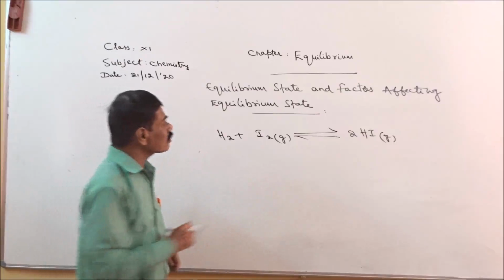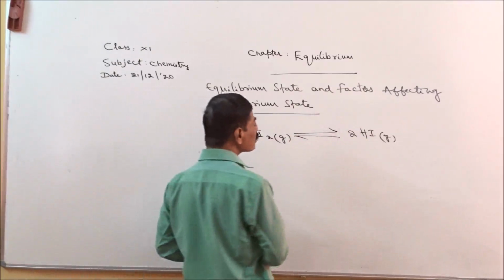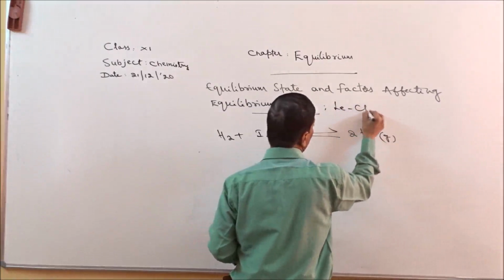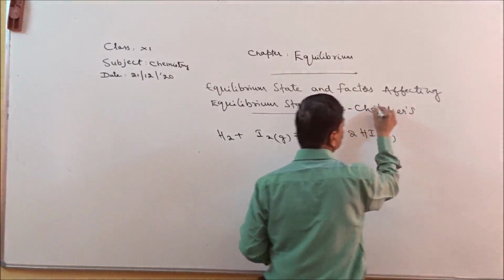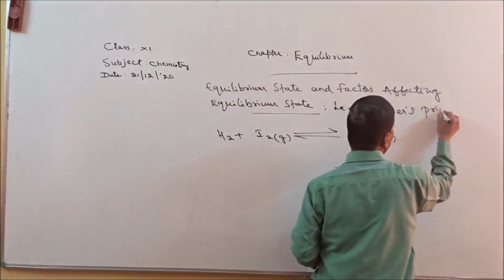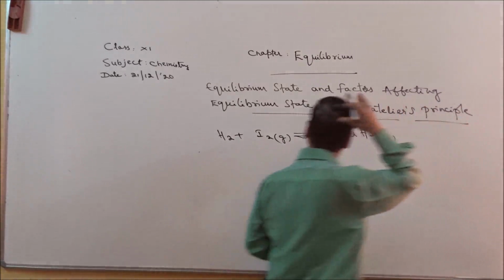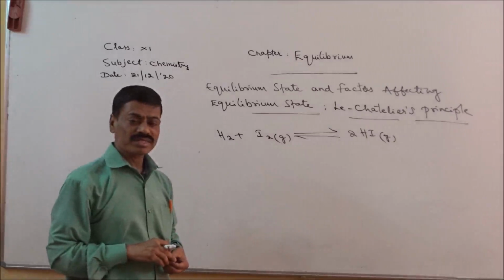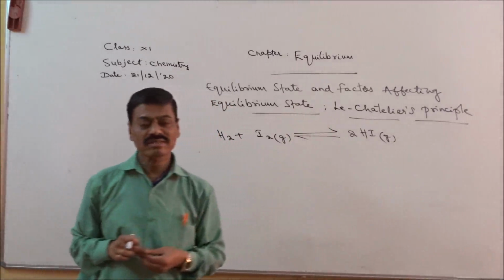So in this case we are going to see the principle, that is Le-Chatelier's principle. This is part of the factors which are going to affect the equilibrium state. To understand those factors in detail, we should know about Le-Chatelier's principle.